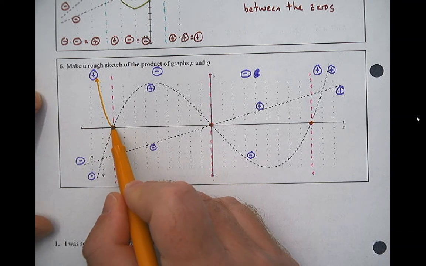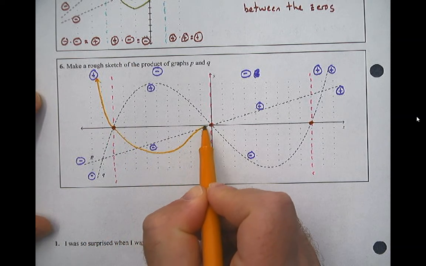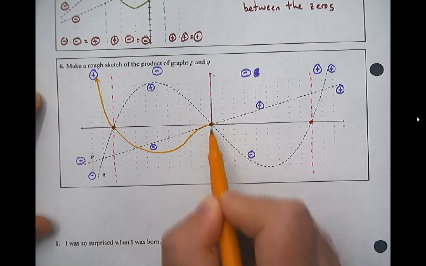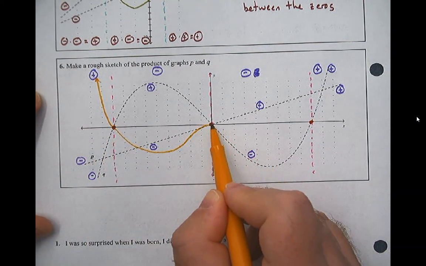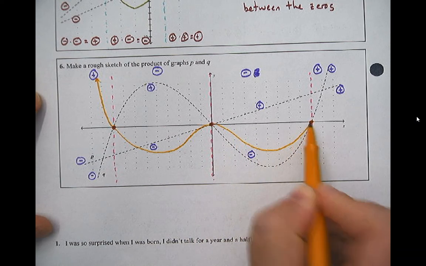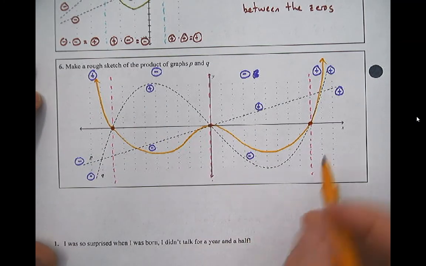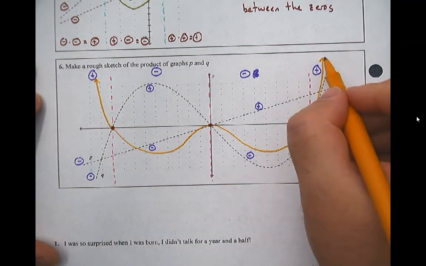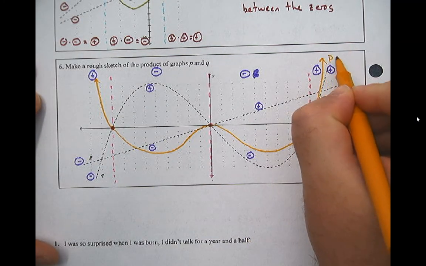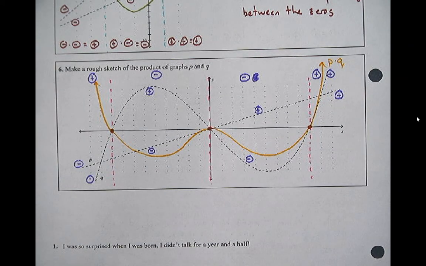You want to curl up smoothly. So you don't want to come in like an absolute value with a sharp turn. Then this section is negative again, but I have to curl up until I hit there. Now from here, bada boom, bada bing. This is the function. I always like to label it at the end. This is the function P times Q. We didn't name it as a new function. We just called it the product of P times Q.